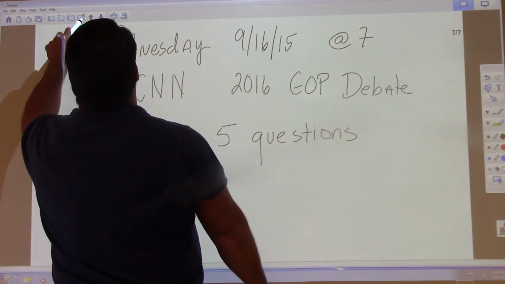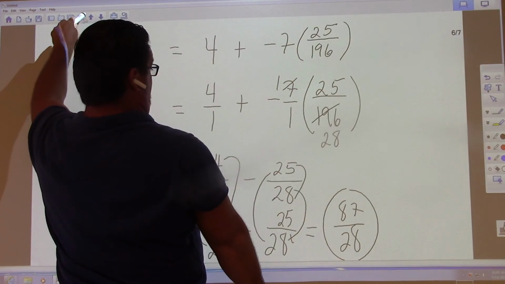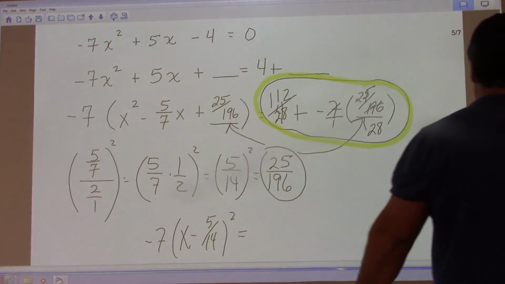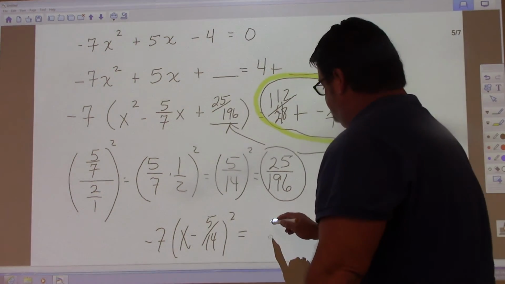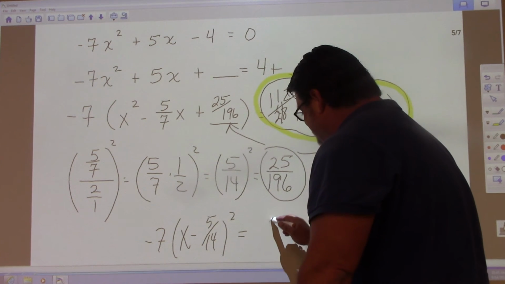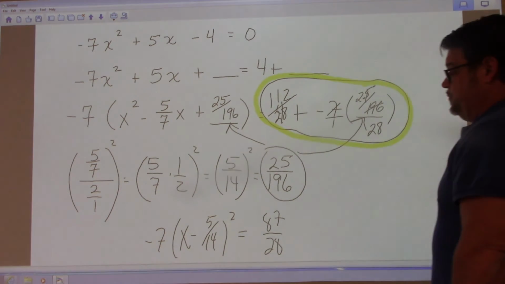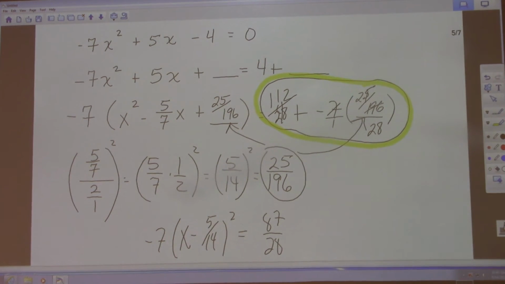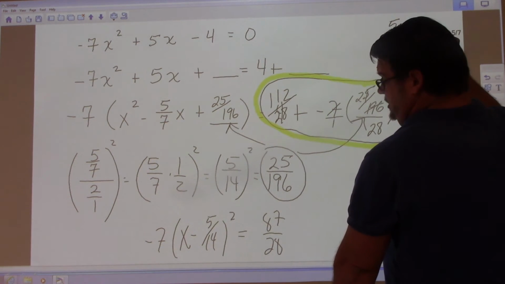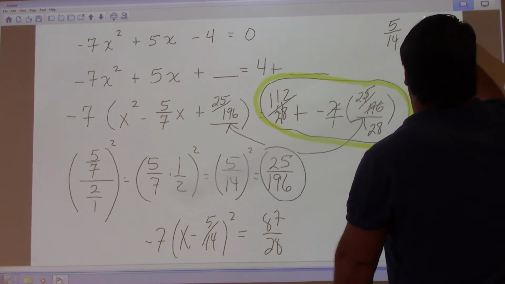Next one, or the next part. There we go. So what did we get over here? 87. No, what? I'm sorry, I'm wrong. 87 over 28. Now, our vertex is 5/14, which is a third, and negative 87/28.